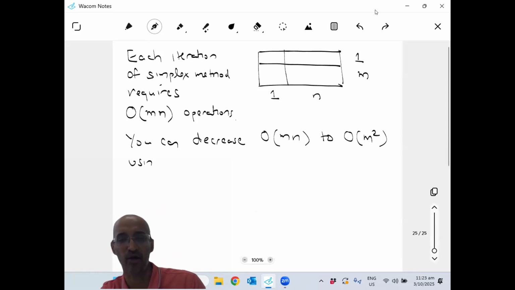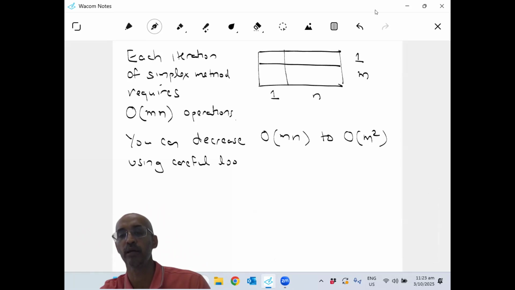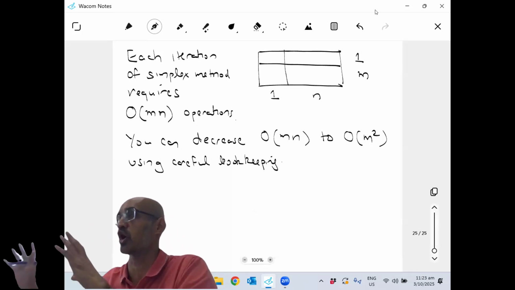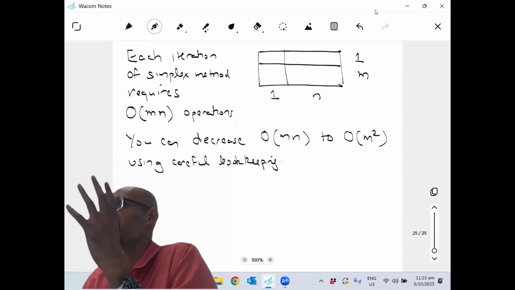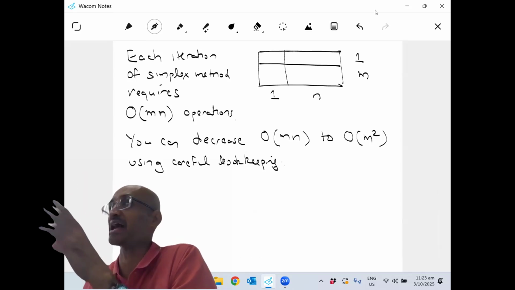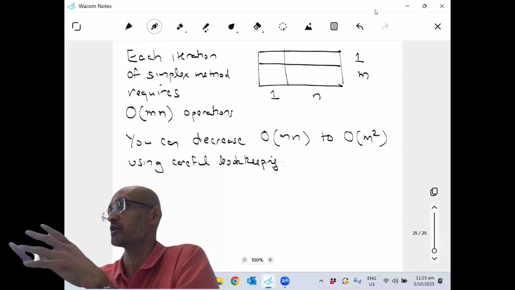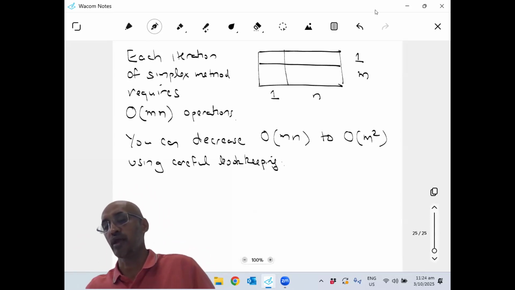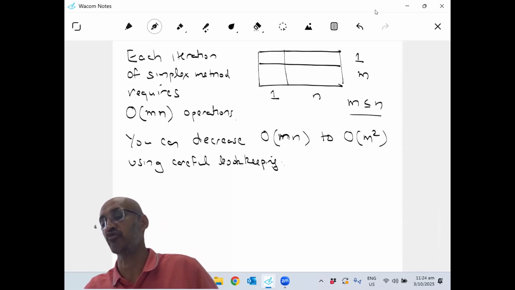Using careful, I mean, I'm not going to go into this in this class, using careful bookkeeping, okay? Bookkeeping meaning you can be a bit more careful in the way you keep the tableau, parts of it only you update and so on. You can do this. It's called the revised simplex method. You'll find it in the book. So for those of you who are very algorithmic, you can look at it if you're interested. But typically m is smaller than n in a standard form LP.